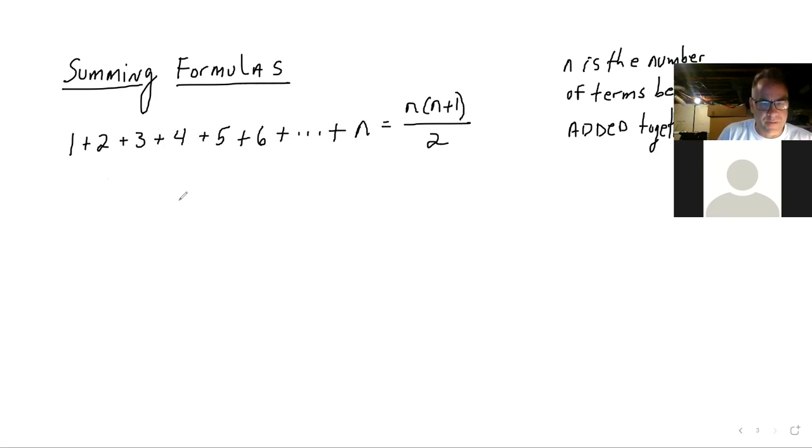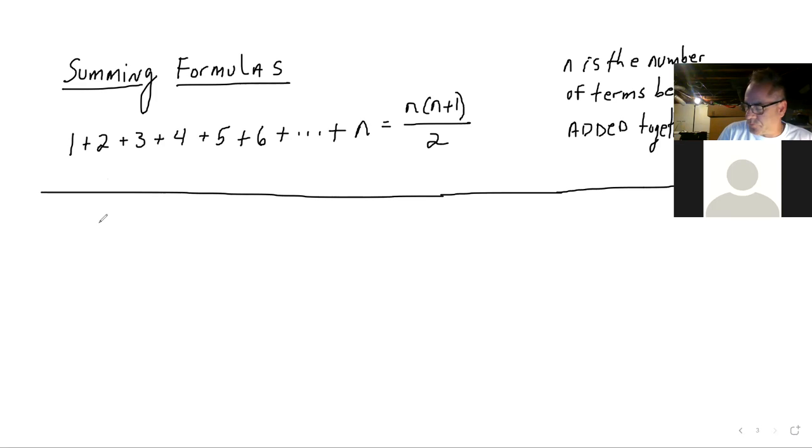It looks like this. All right, so simple little equation, 1 equals 1 squared. 1 times 1 is 1. So that is true.